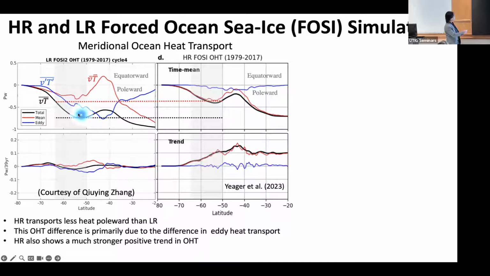So you can see the value of the mean heat transport indicated by this black line here is almost double the value of the high resolution model. So the low resolution model is actually transporting more heat poleward, right?